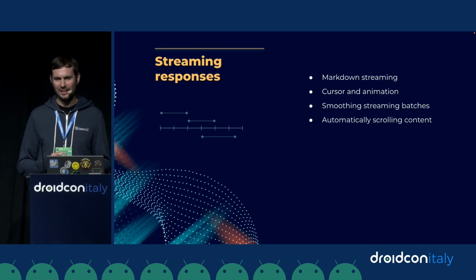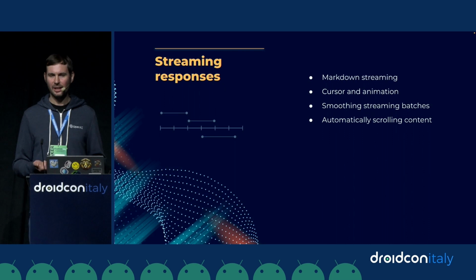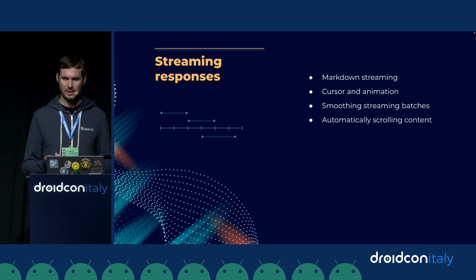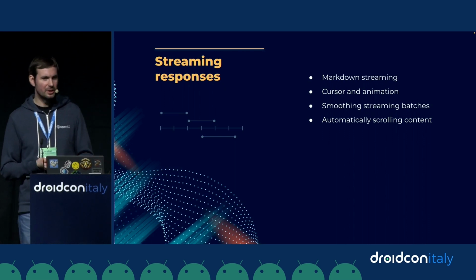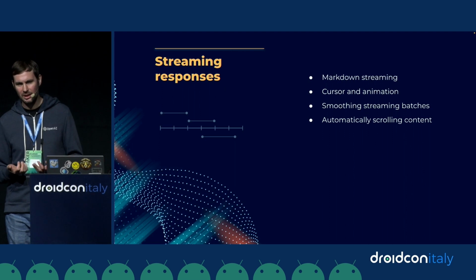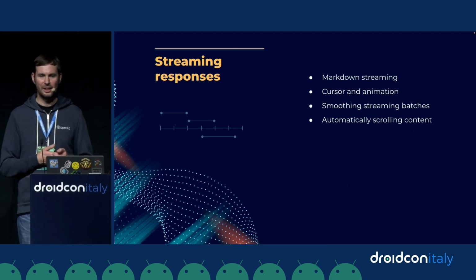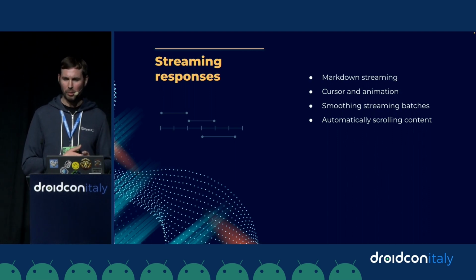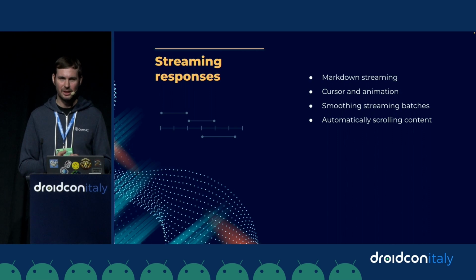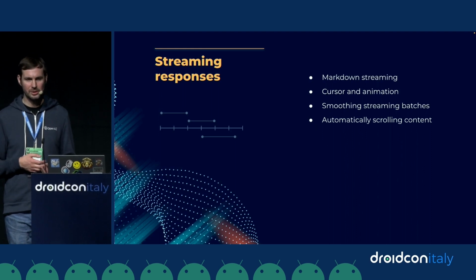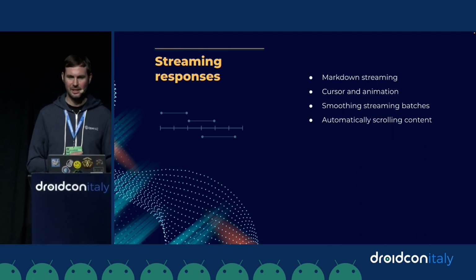We used to add an animating cursor at the end to show the streaming is in progress. On the web, we actually do smooth streaming, so you get large batches of tokens from the model, but we break it down character by character and animate it. On mobile, we tried that at the beginning, but because the initial batch is pretty large, it usually fills up most of the screen on mobile, so we decided against it.